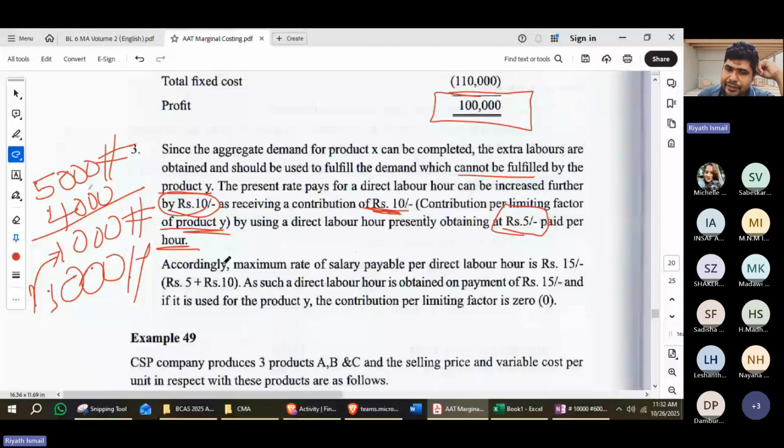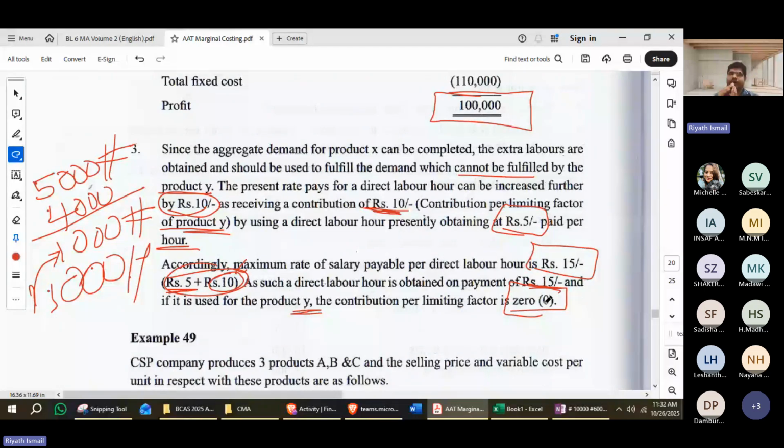Accordingly, the maximum rate of salary payable per direct labor hour is 15, as they are already paying 5, and the contribution per limiting factor for product Y is 10. Altogether 15. As such, if the direct labor hour is obtained on a payment of 15 rupees and used for product Y, the contribution per limiting factor would be 0. The maximum point we can go to is a contribution equal to 0.